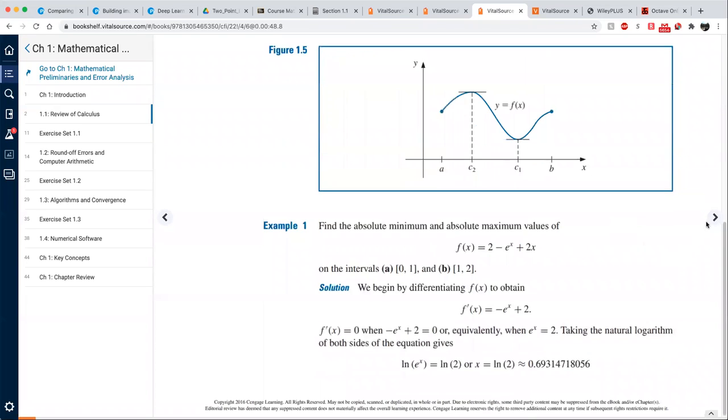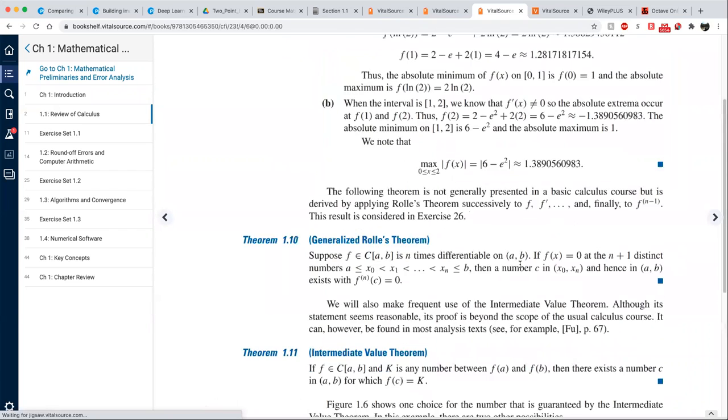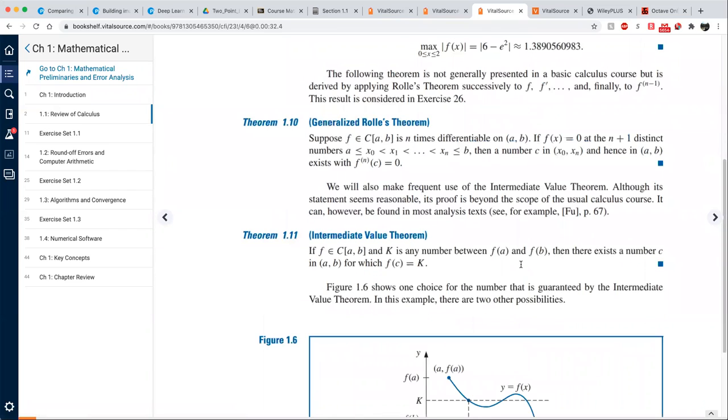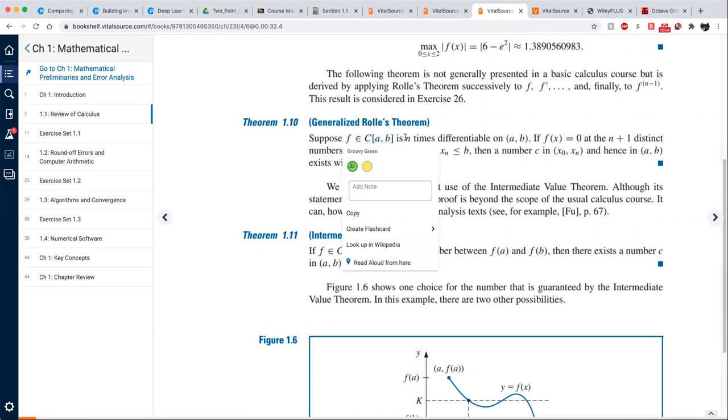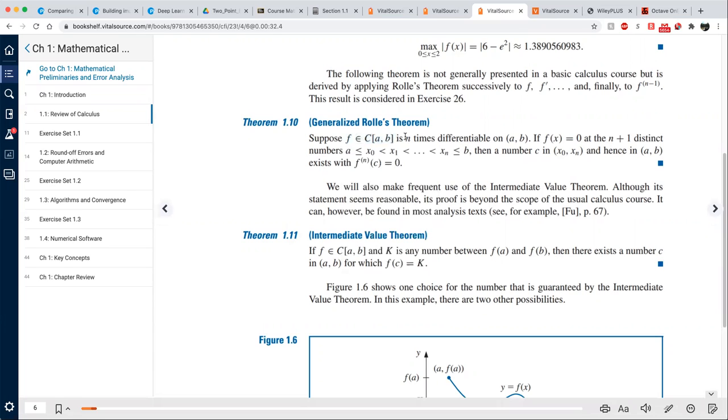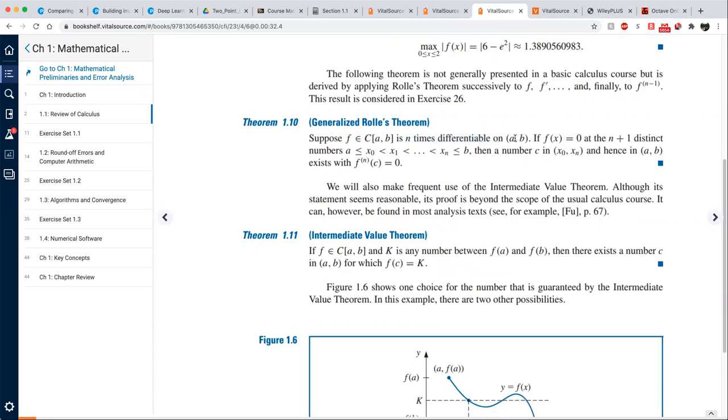Now the next one, let's see, the generalized Rolle's theorem. Suppose f is continuous on a closed interval and n times differentiable. So we're not talking about just the graph of the function f of x, but we think about n times differentiable.